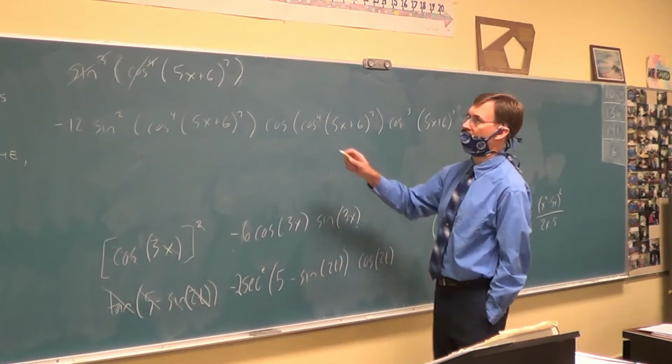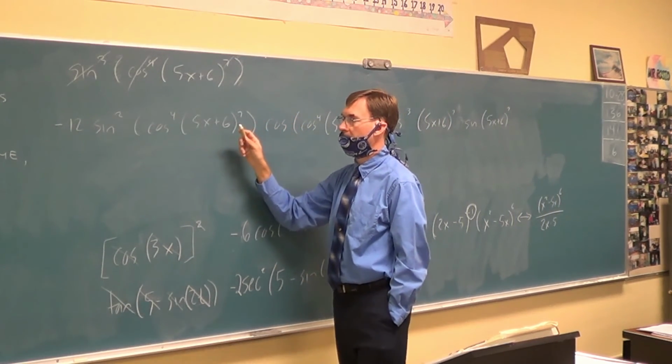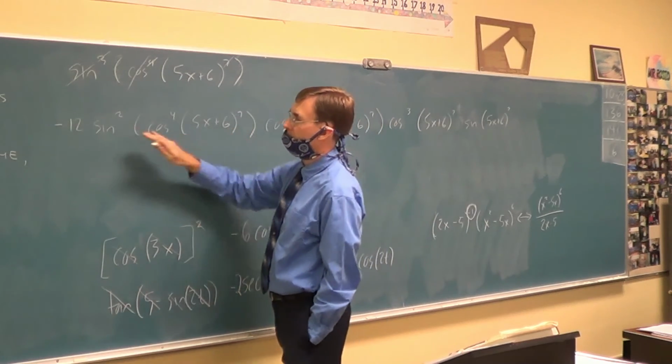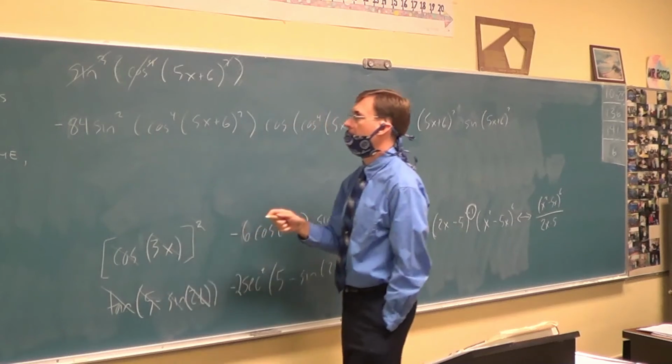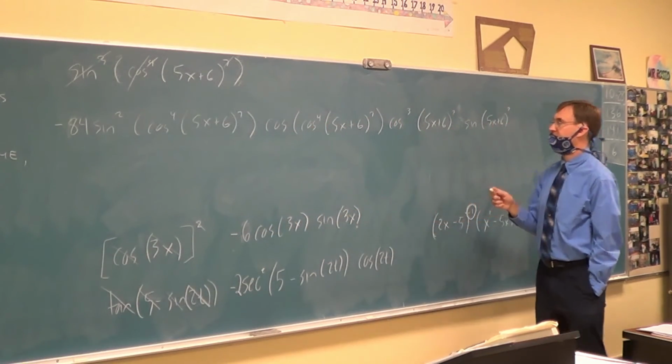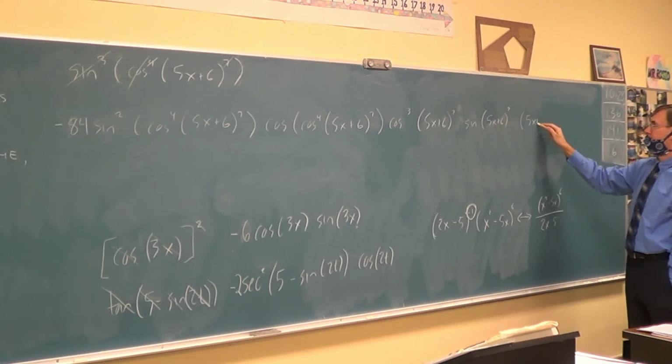Okay. So if we manage the 7, the best place to put that 7 is where we had the 12. So multiply that, and we've got 84. And as we do the derivative, the 7 turns into 6.